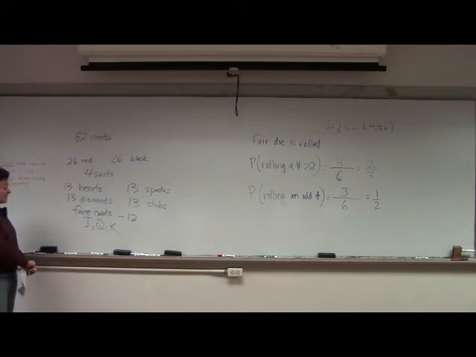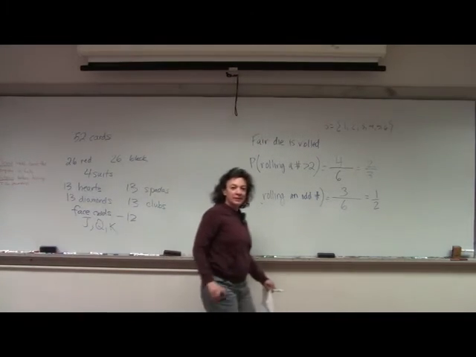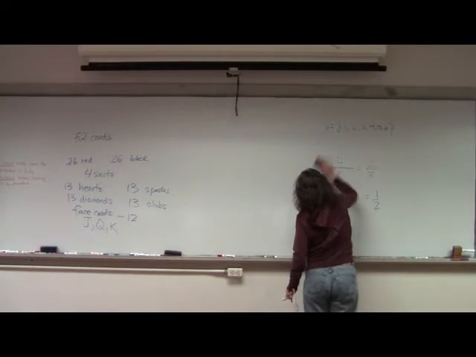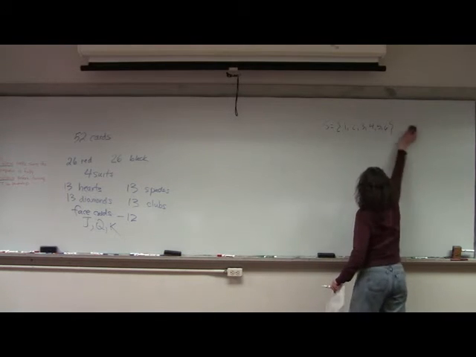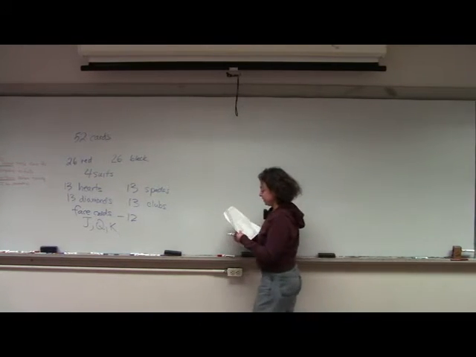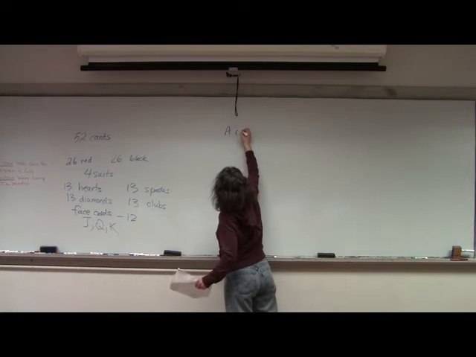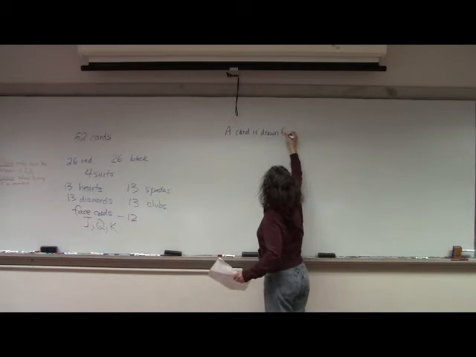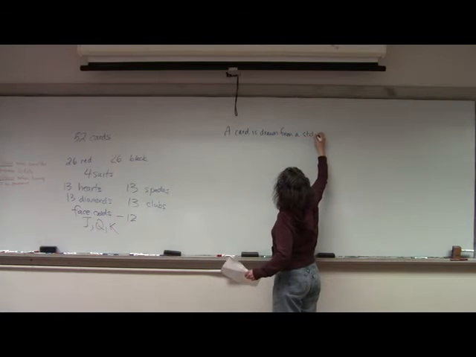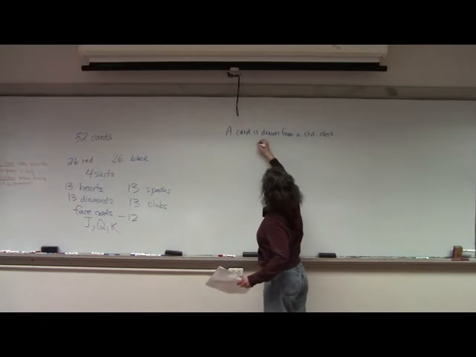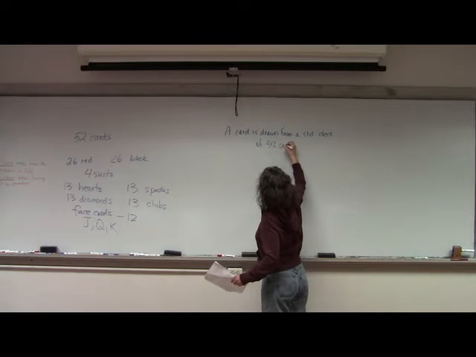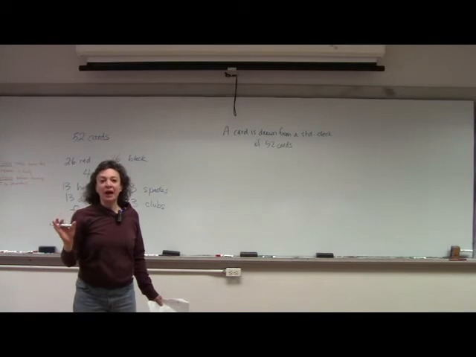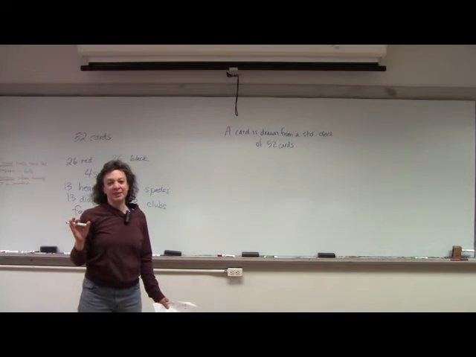All right, having done that, let's find a few probabilities here. Our experiment is the following. A card is drawn from a standard deck of 52 cards. Clearly, we are not going to write out our sample space here.